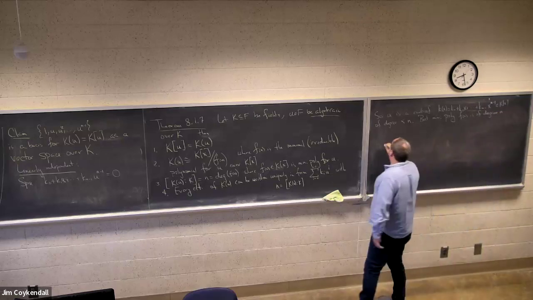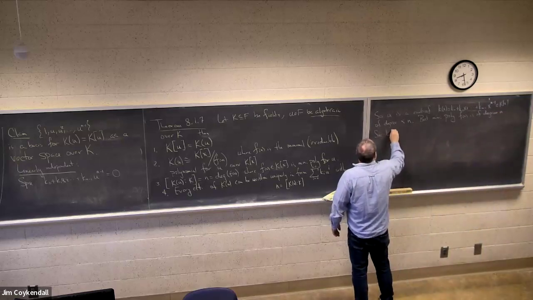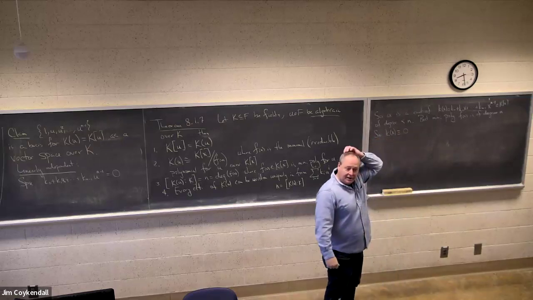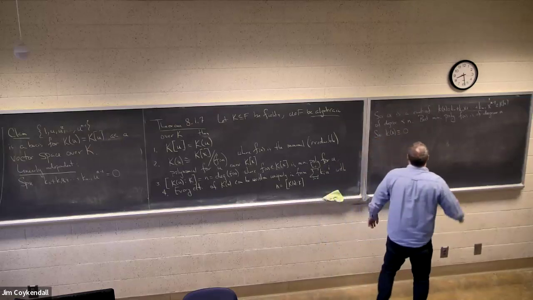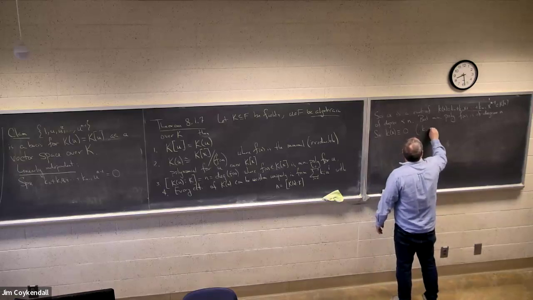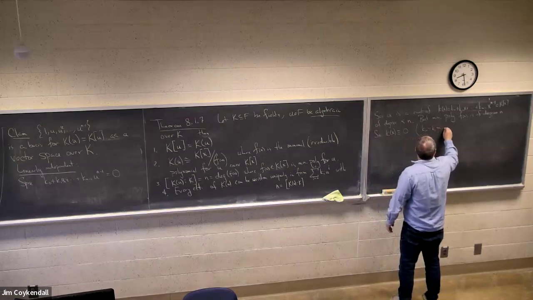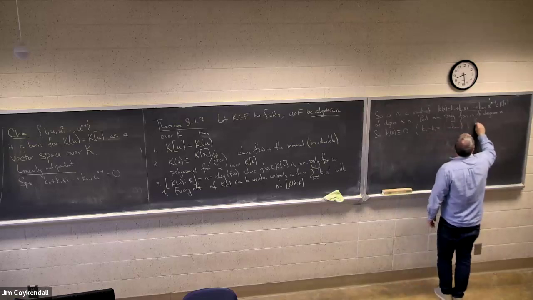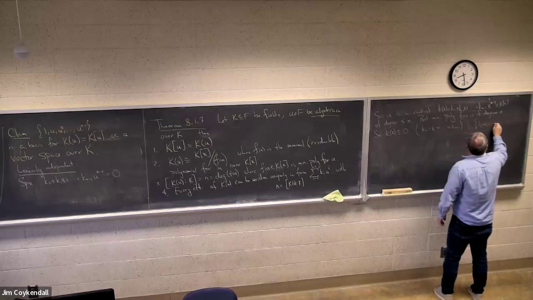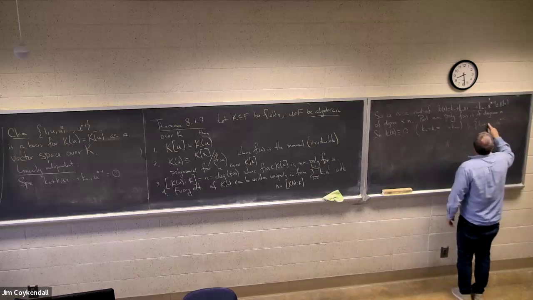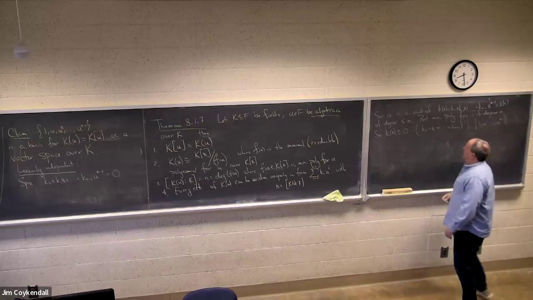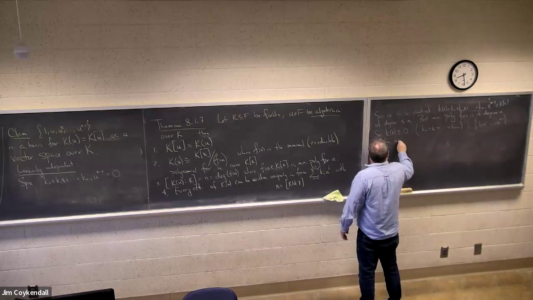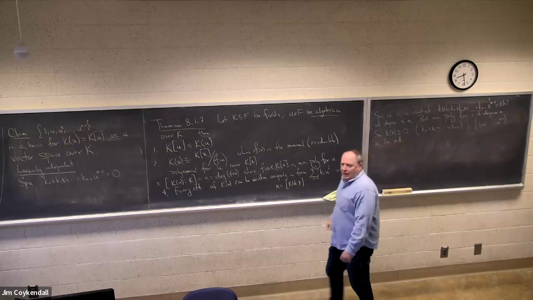So the only way this polynomial can still be in that ideal is to be the zero polynomial. That is to say, k0 equals k1 equals up to k n minus 1 equals 0. And this set is linearly independent. Okay.